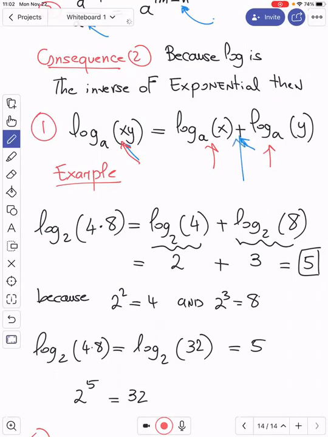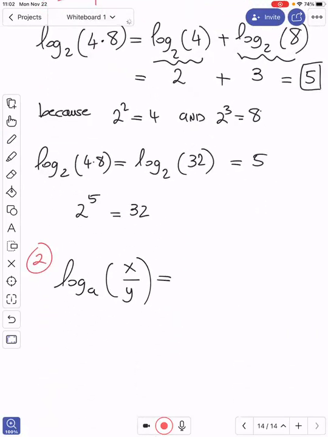Now, if you have x over y, it's going to be a subtraction. So it's going to be the difference between the two logs. So that's log in base a, of course, of x minus log in base a of y.